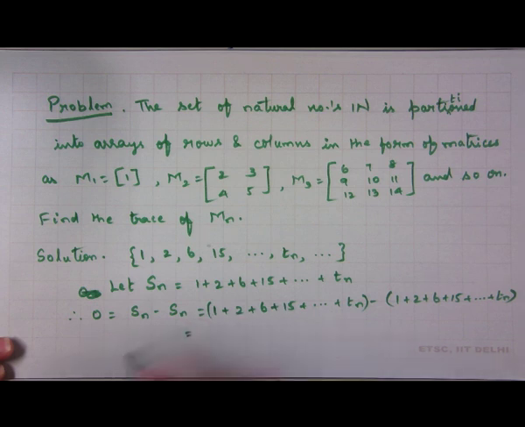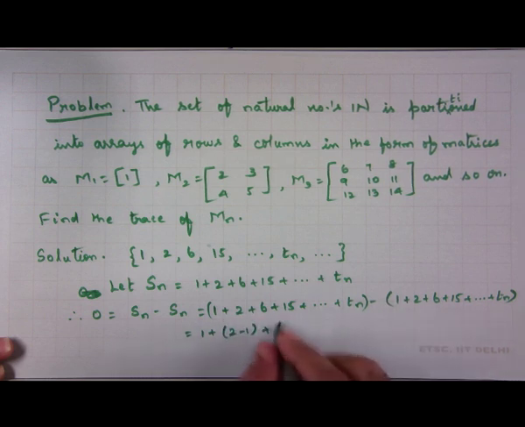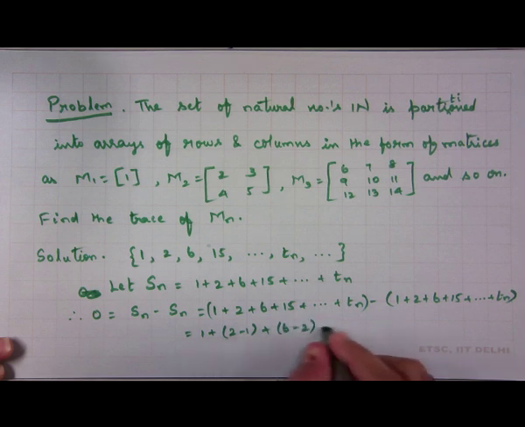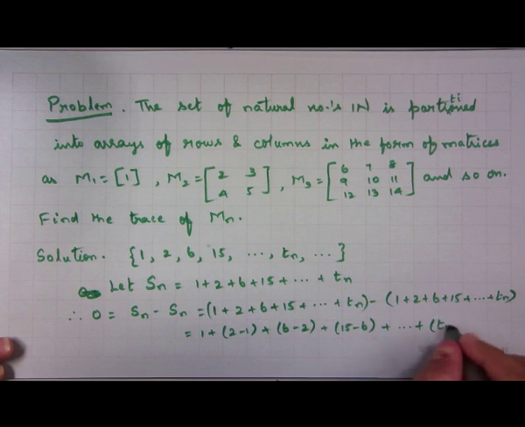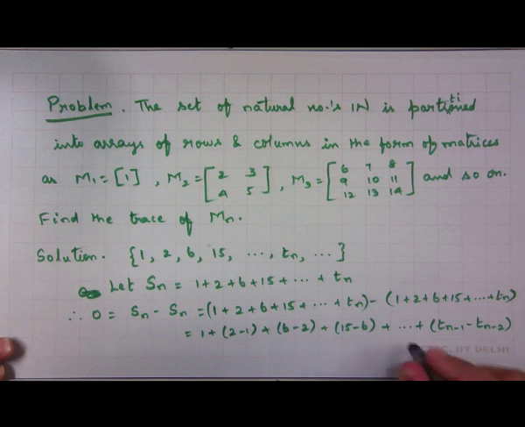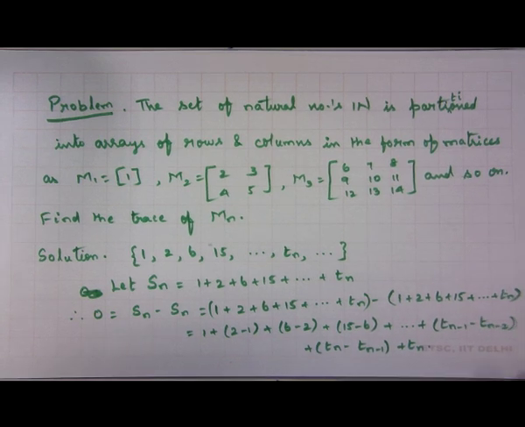Let me write this 1 separately: 2 minus 1, plus 6 minus 2, plus 15 minus 6, up to Tn minus 1 minus Tn minus 2, plus Tn minus 1, and I will have a minus Tn over here.